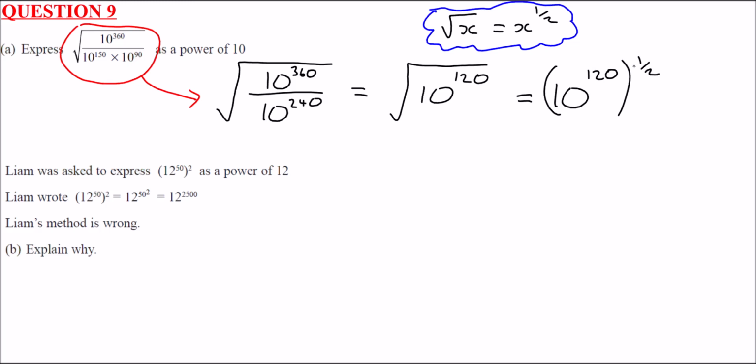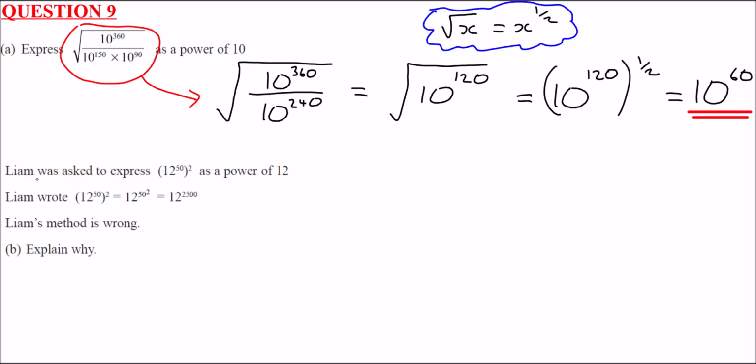And when we have a power of a power, we actually multiply these two values together. So 120 multiplied by a half, in other words, a half of 120 is 60, so as a final power of 10, it will actually be 10 to the power of 60. And that's all we need to do for part A, so quite mean, I think, but sometimes they can be. A nice question, I think.